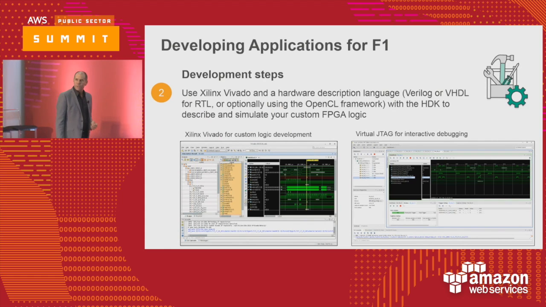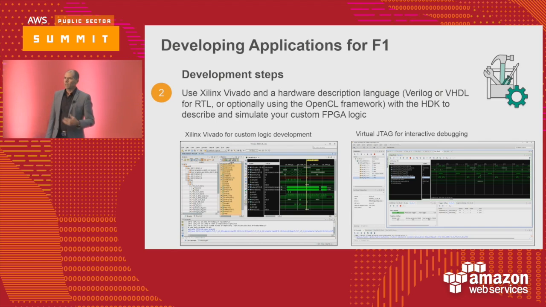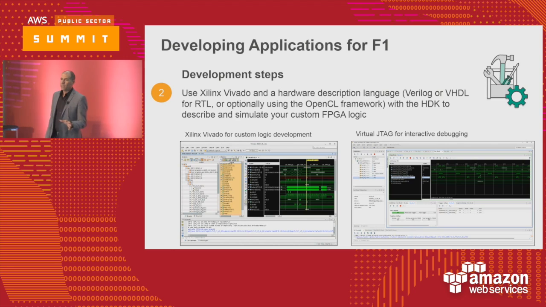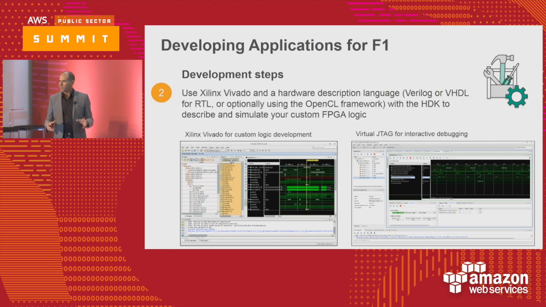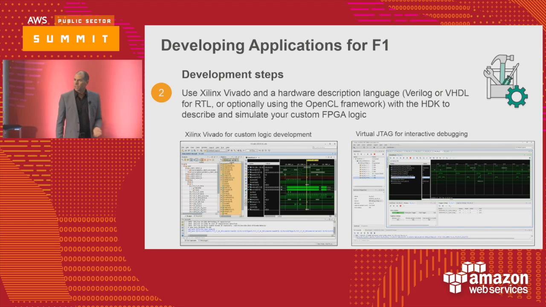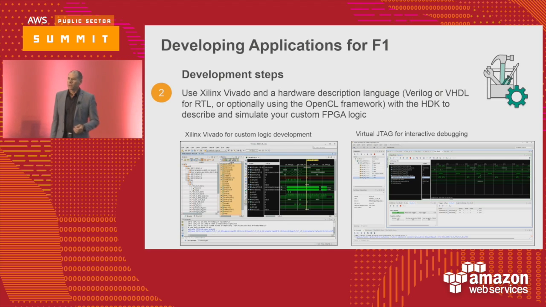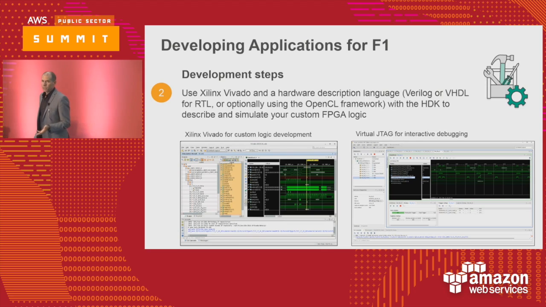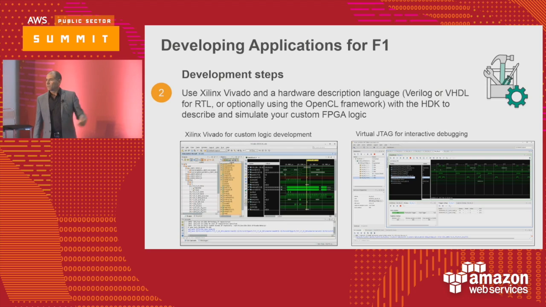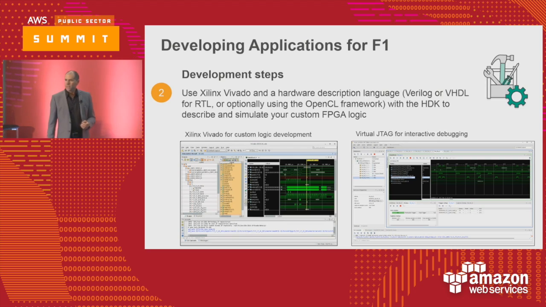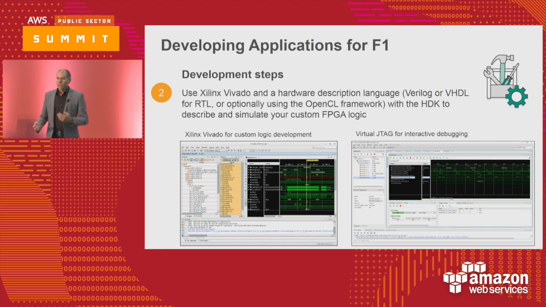If you're familiar with Xilinx Vivado and related development tools, you'll use them in much the same way on AWS. You can either use them in an interactive mode, as we're showing here, for example, to run your HDL hardware simulations, or in this case, to run even JTAG type debugging with ChipScope, if you're familiar with that. Those are interactive tools.